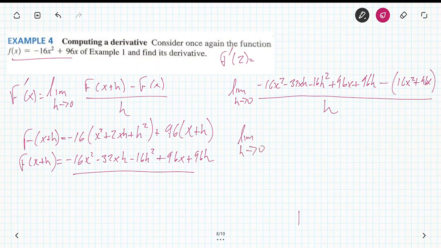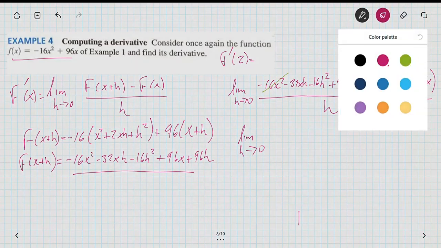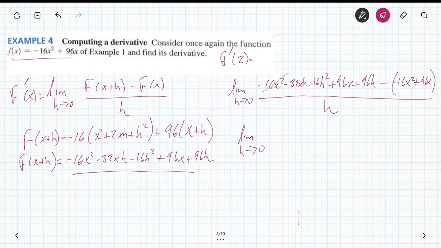Now we're going to look at the things that are going to cancel out. Let's cancel out some terms. Hold on, this was a negative right here. So that negative 16x squared and this negative 16x squared are going to cancel out.